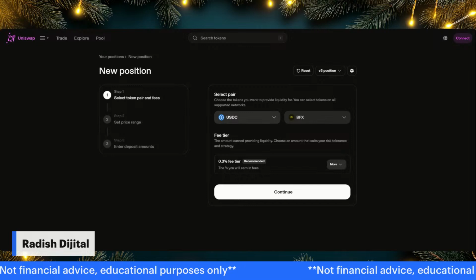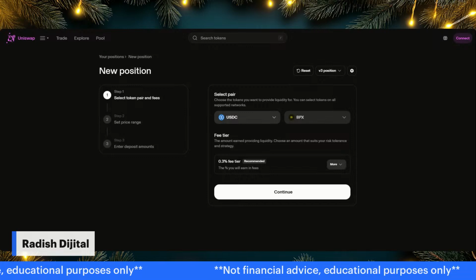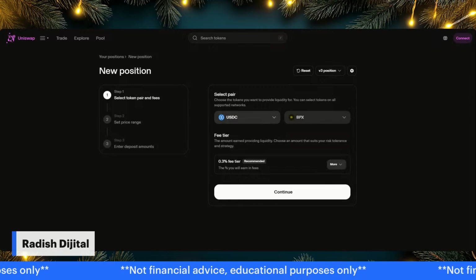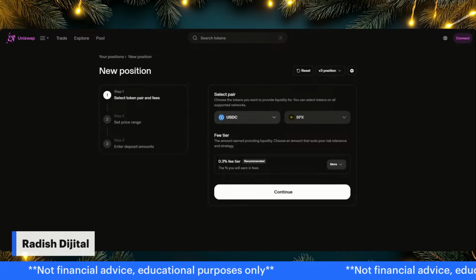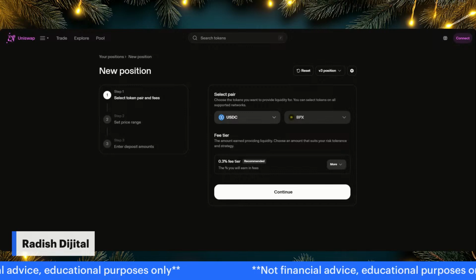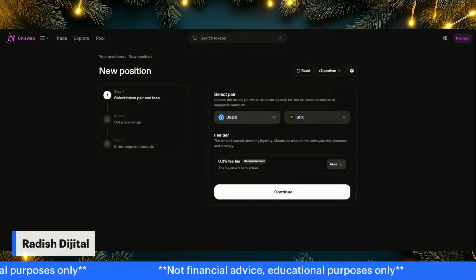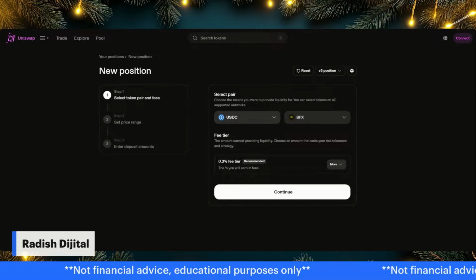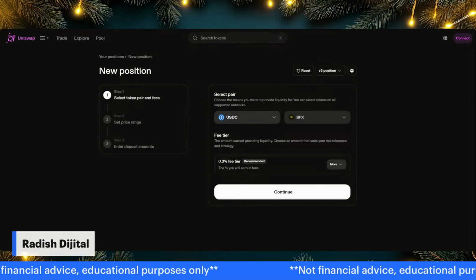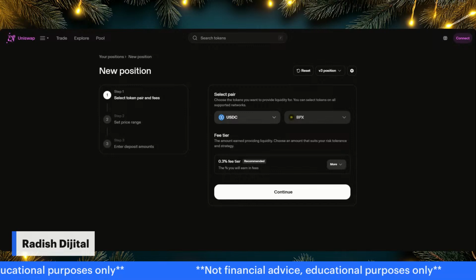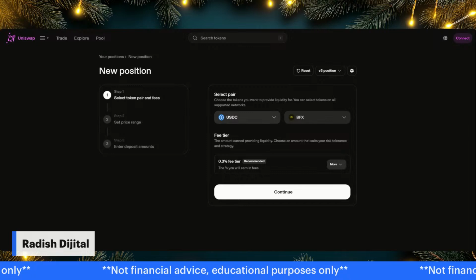But if people are dumping, you have to set it appropriately. So if you're going to set one in to get BPX, I would put a range lower than mine, not extremely lower. If I were to put one in right now, I would probably look at 0.002 to 0.0031, which is right under where it currently is.